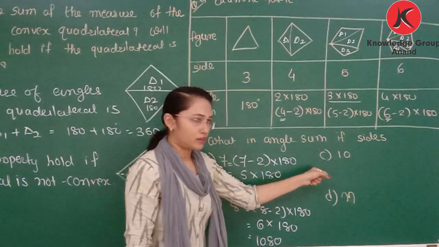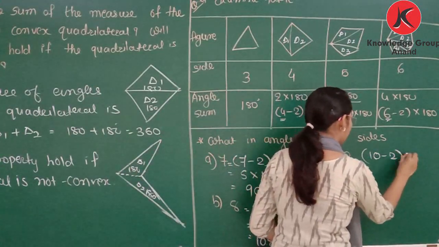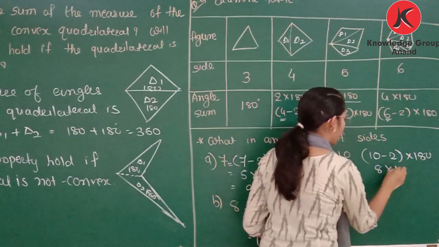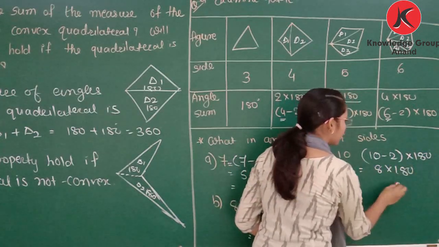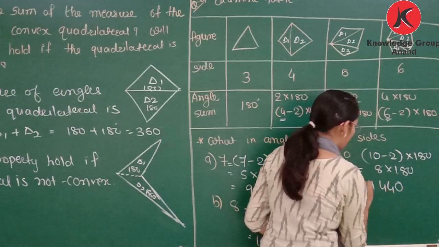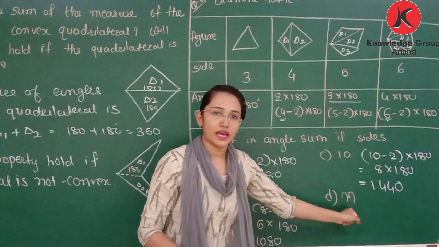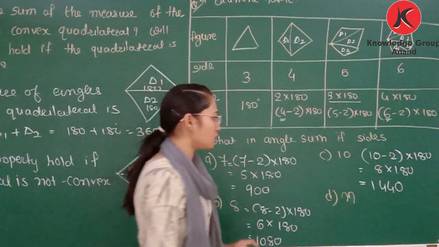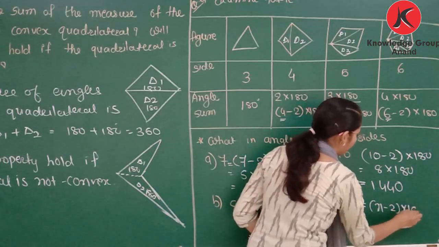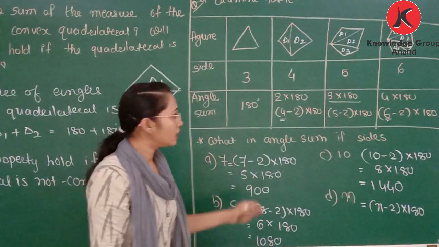If sides are 10, so you can write 10 minus 2 into 180, that is 8 into 180, 1440. Now for n sides, you need to derive the equation. If sides are n, then you can write n minus 2 into 180. This is the equation if sides are n.